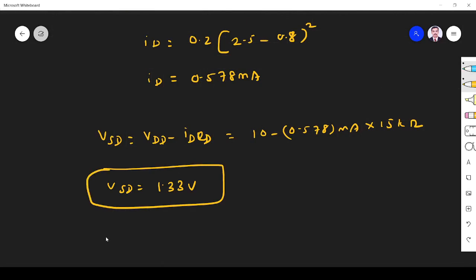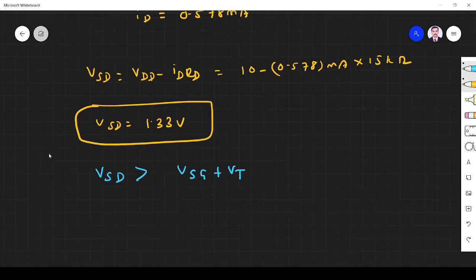What should be the condition? We assumed the circuit is in saturation. So for saturation, VSD must be greater than VSG plus VT. What we get? VSD 1.33, VSG we got as 2.5 and VT is minus 0.8, so 1.7.